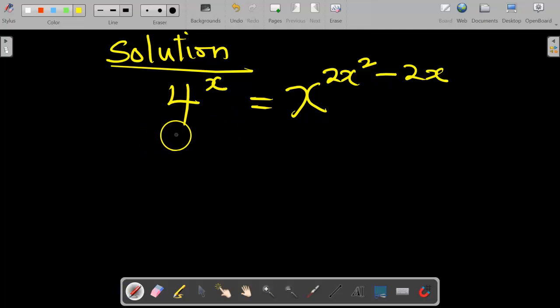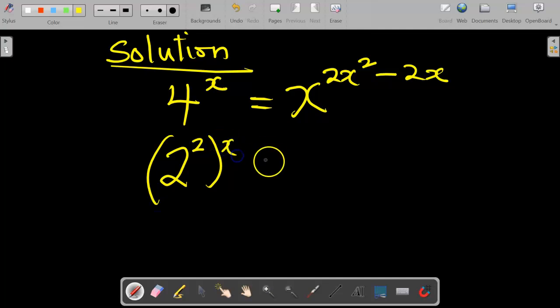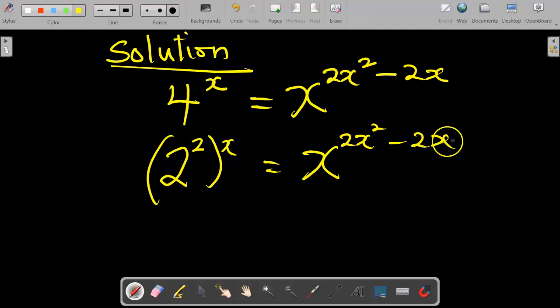This 4 can be changed to an index form. 4 is the same as 2 raised to the power of 2. Then x raised to the power of 2x squared minus 2x.